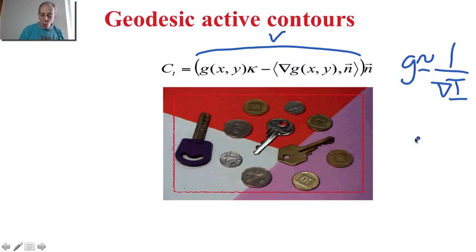Now, we never have ideal shapes. So this derivative of G, remember, G is 1 over the derivative of the image, for example, the gradient, or any other type of function. You take another derivative of that to make that stopping term even stronger, so that even when there are no perfect edges, this will not be 0.